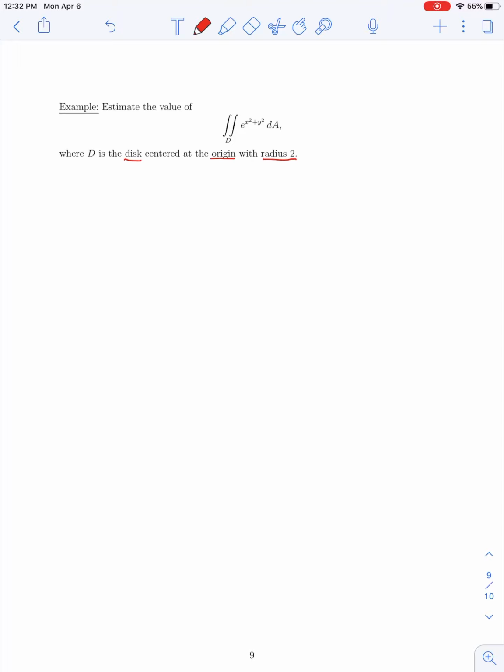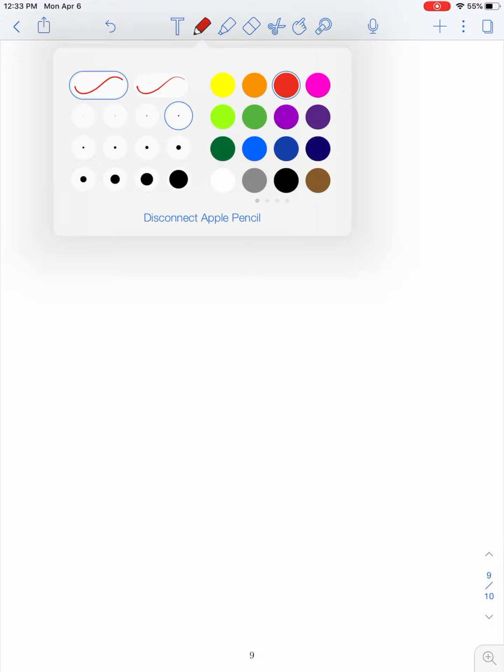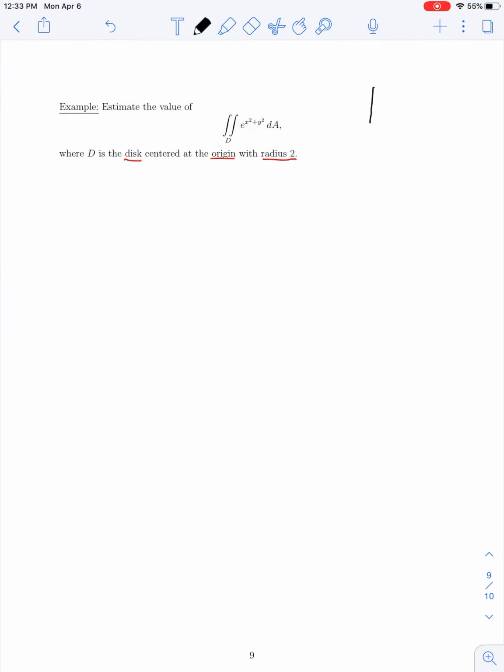So in this example, let's start by sketching our region D. Here everything inside of this circle centered at the origin of radius 2 would be our region of integration.